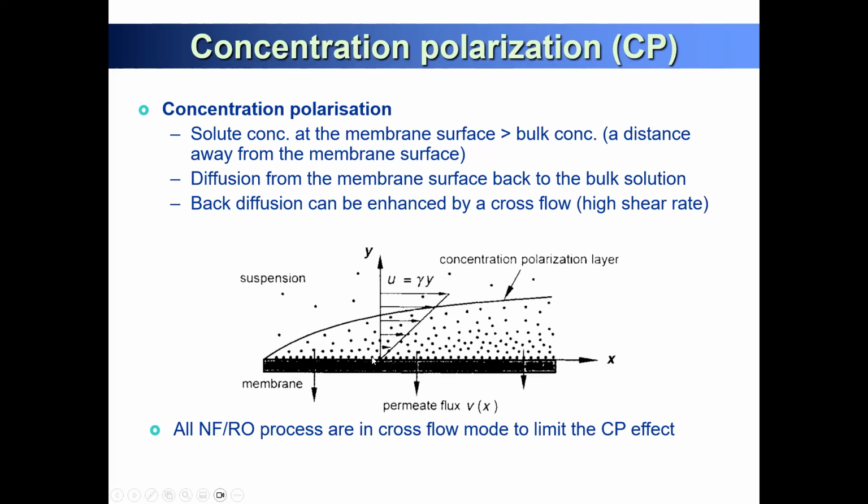But on the surface, because you're pressurizing, the water molecules are passing through the membrane, so you have accumulation of salt on the surface. This concentration polarization will further increase your overall osmotic pressure. So how can we calculate this? That's exactly the difference between theoretical energy consumption and practical energy consumption.